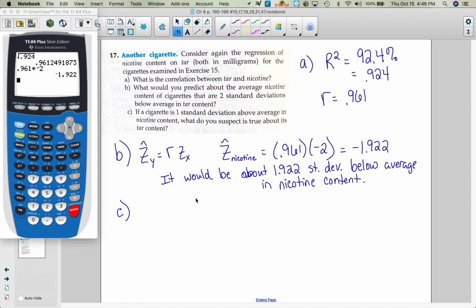Okay, part C, if a cigarette is 1 standard deviation above average in nicotine content, what do you suspect is true about its tar content? Well, here's the situation. We set up our linear regression equation to predict the response variable, to predict nicotine. We can't just go the other way without creating a new model. So I think you're going to have a problem like this on your homework as well.